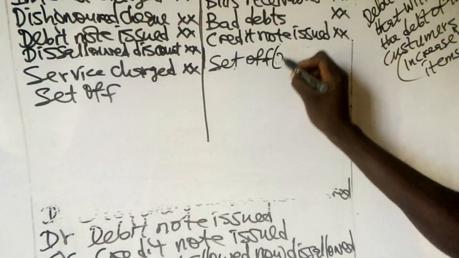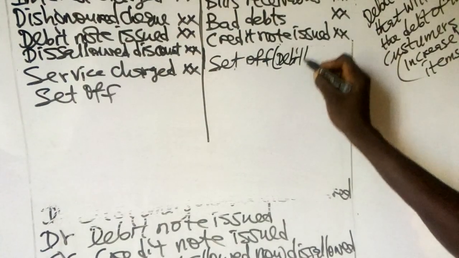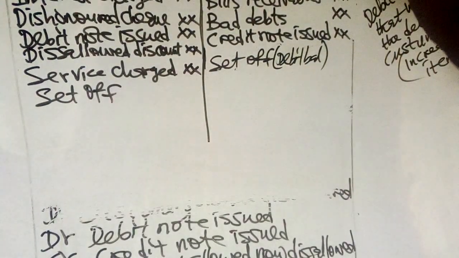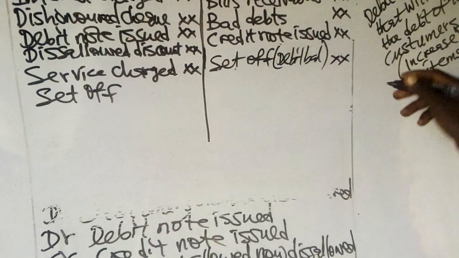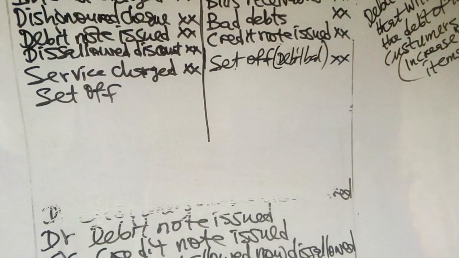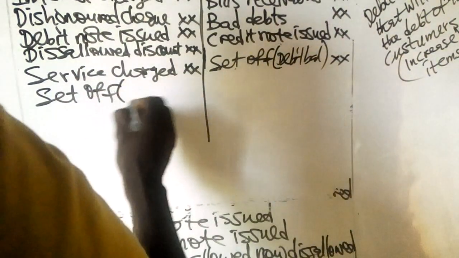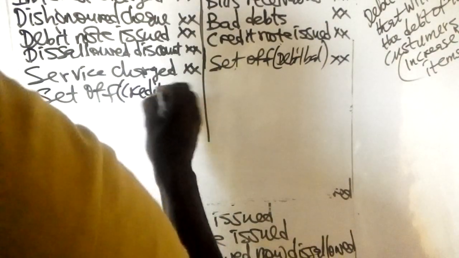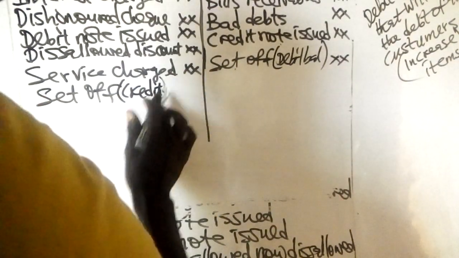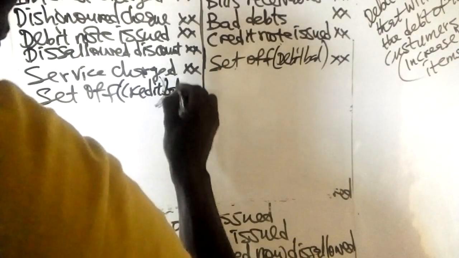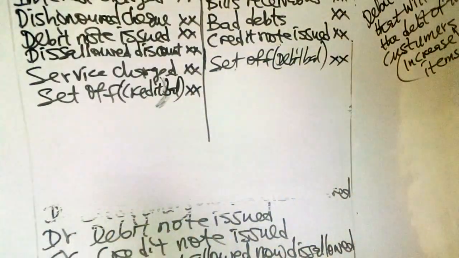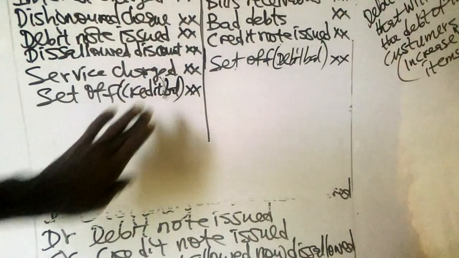Where you have a debit balance in receivables set off against credit balance, you put it at the credit side, and where it is a credit balance in the receivable ledger set off against the debit balance in payable ledger, you debit it.